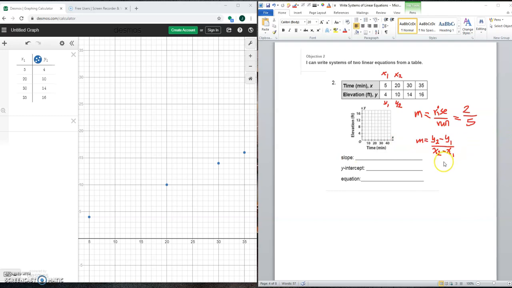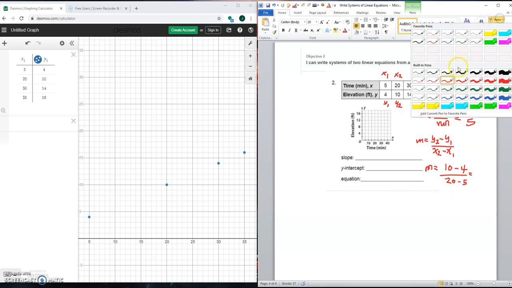So now I'm going to show you getting the slope using the formula. So once again, I'm choosing this as my point 1 and this is my point 2. So because this is my point 1, this is labeled as x1, y1. This is x2, y2, and all you need to do is to substitute. So my y2 is a 10 minus my y1, which is 4, all over x2, 20, minus x1 is 5.